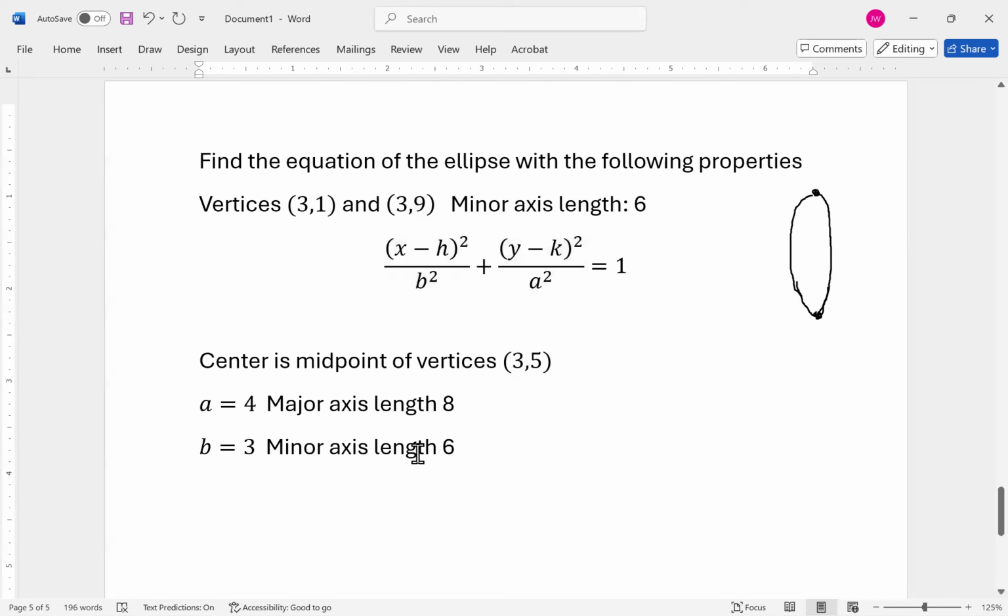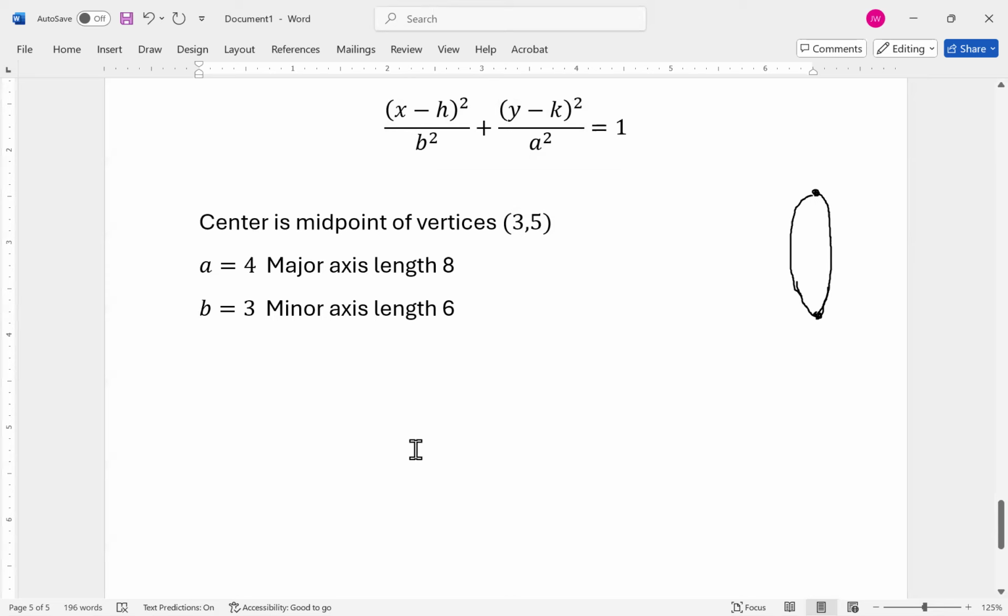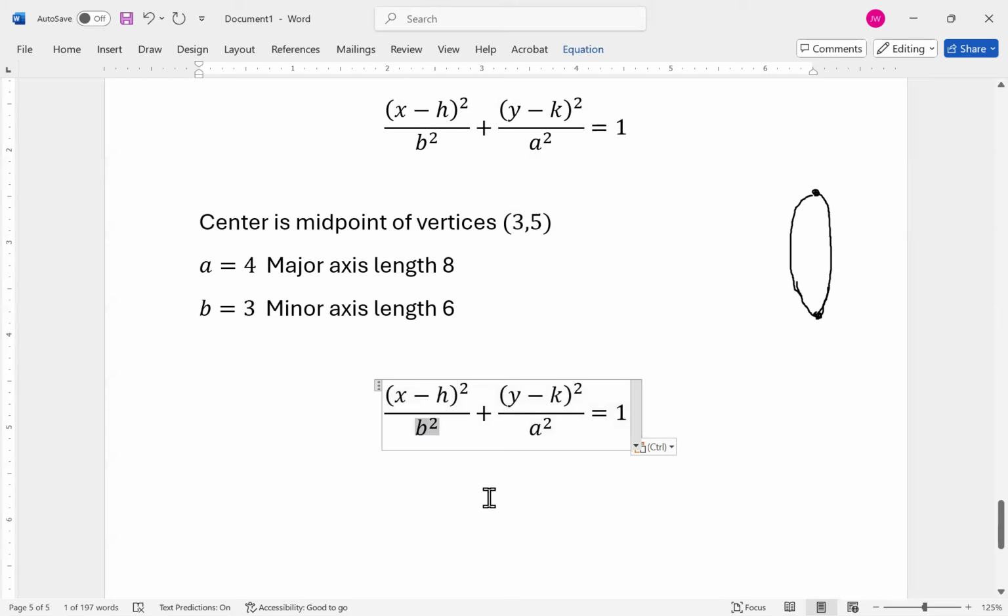I know a is 4, b is 3. So if b is 3, then the denominator underneath the x part is going to be 9. If a is 4, the denominator underneath the y part is going to be 16. Since the center is at (3, 5), that means h is 3 and k is 5.